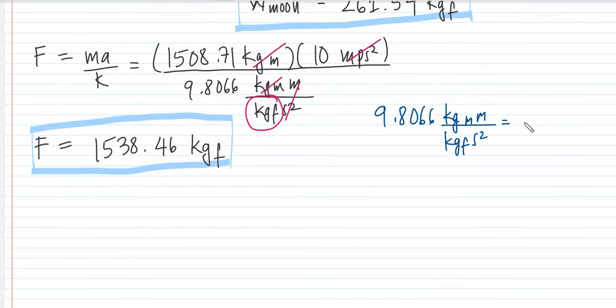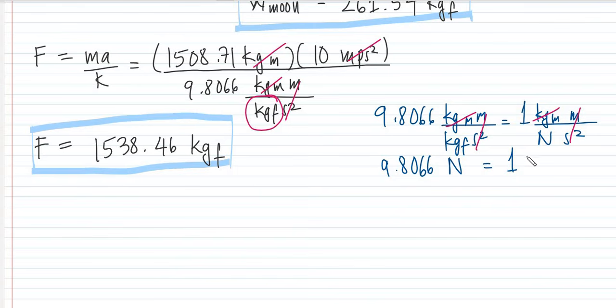And another K that we use in the metric system is 1 kilogram mass meter per newton second square. So what do we see here? My kilogram mass cancels out. Meter per second square cancels out. So I will now have 9.8066 newtons is equal to 1 kilogram force.